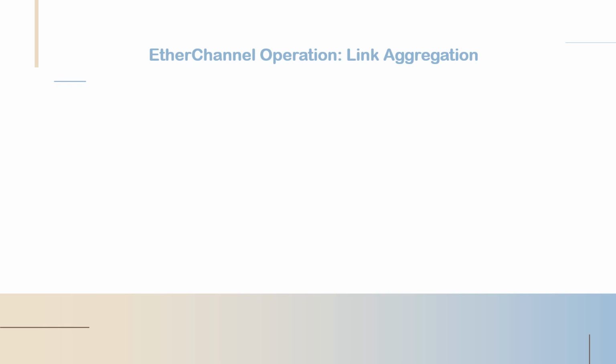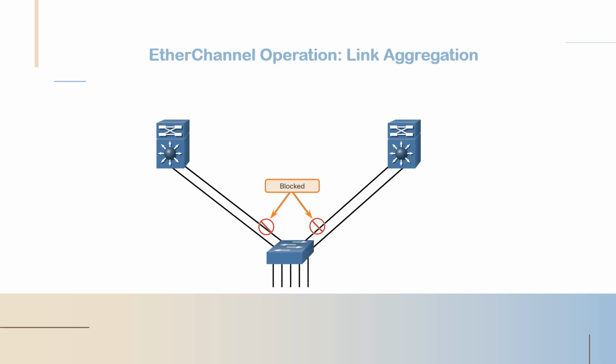There are different scenarios in which more bandwidth or redundancy between devices is needed than what can be provided by a single link. Multiple links could be connected between devices to increase bandwidth. However, Spanning Tree Protocol, which is enabled on Layer 2 devices like Cisco switches by default, will block redundant links to prevent switching loops, as shown here in this figure.